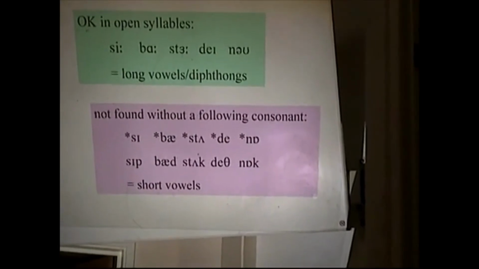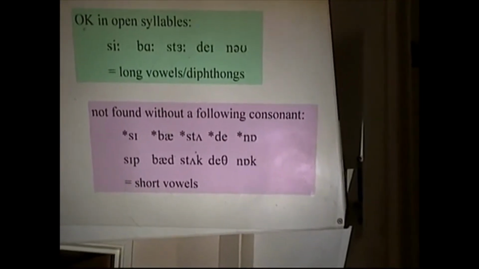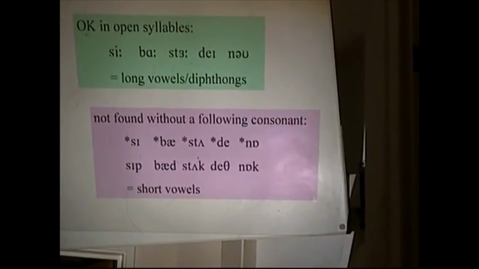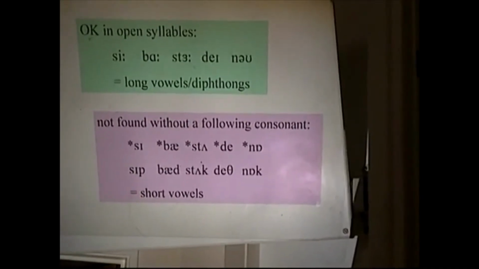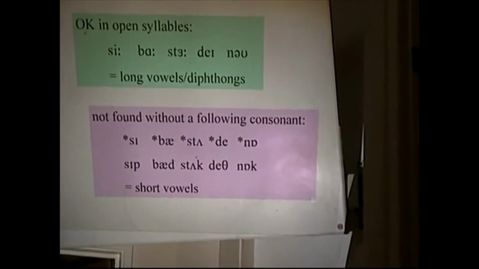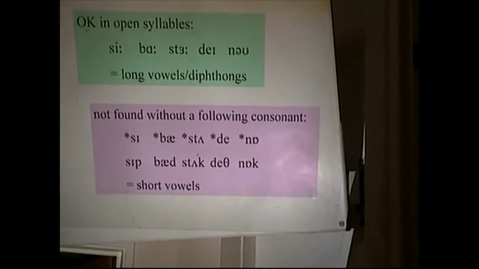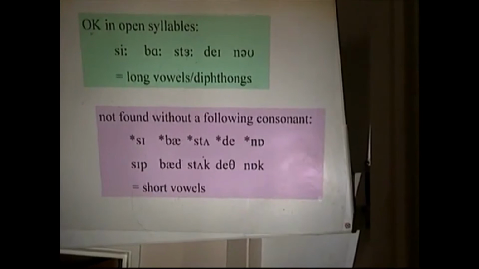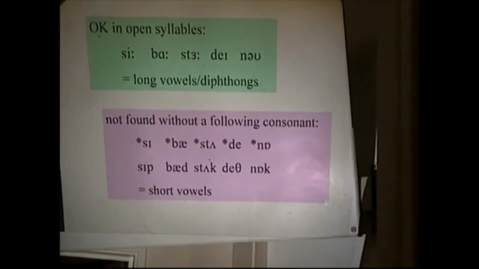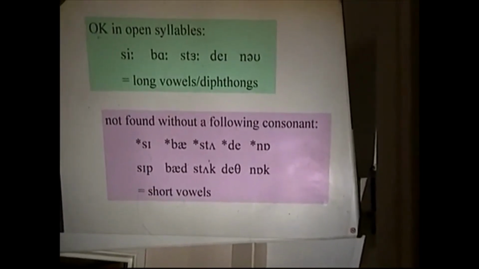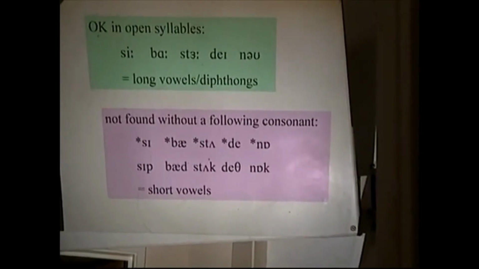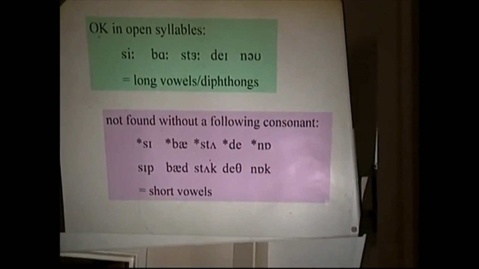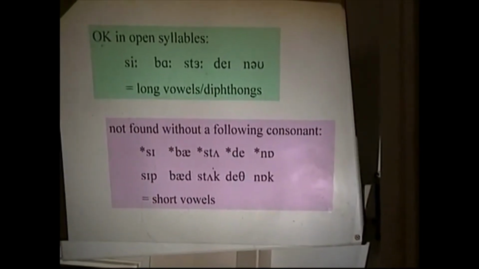But in English, and more generally in the Germanic languages, English being one of the Germanic languages, there is a more complicated relationship. Namely, that long vowels and diphthongs can occur freely in all kinds of syllables, whereas short vowels have to have a following consonant.